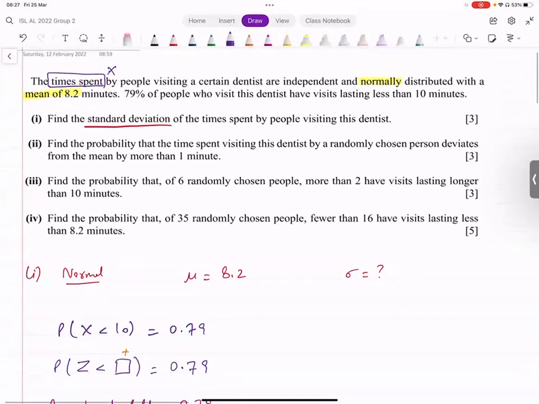Find the probability. Let's take the second part now. Find the probability that the time spent visiting this dentist by a randomly chosen person deviates from the mean by more than 1 minute.